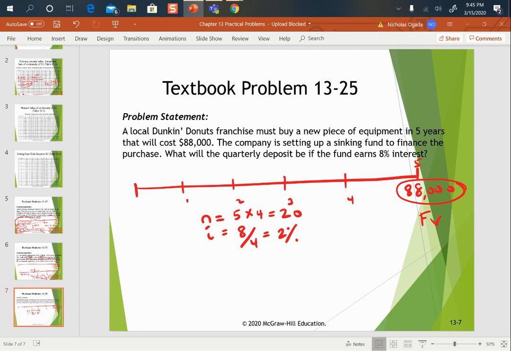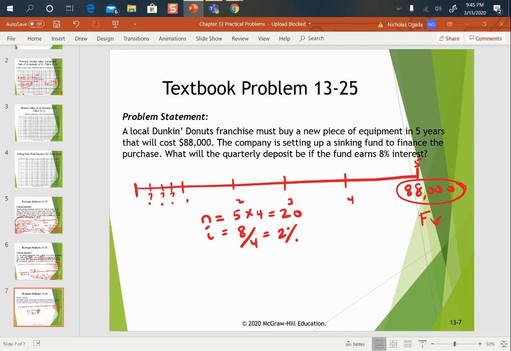So the question will be, how much will the quarterly payment be? How much should that payment be, so that you are able to save enough money to buy the equipment? So mathematically, let's think about this.